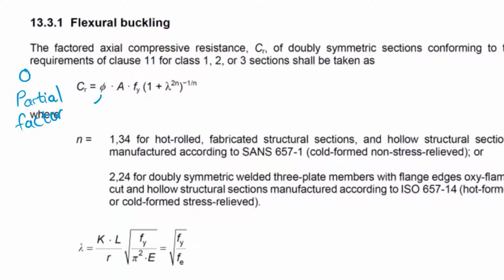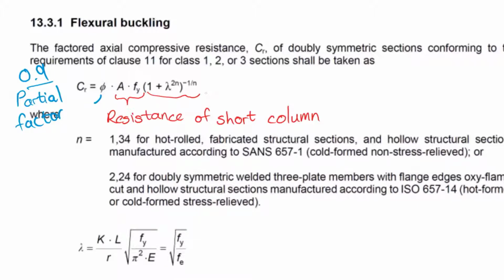So this is the 0.9 factor we've got there. Then all this next section is a stress times area. So this is the resistance of a short column. If it did not experience buckling, that would be its resistance.